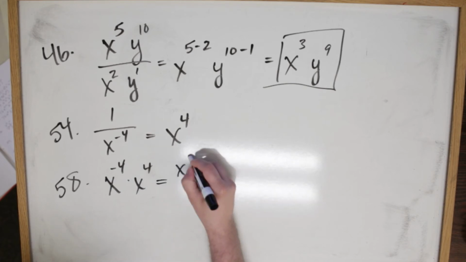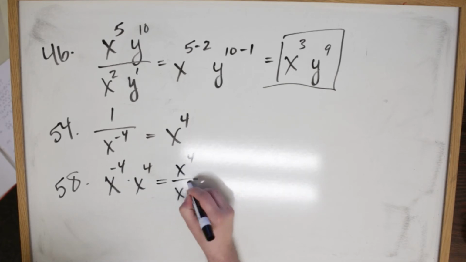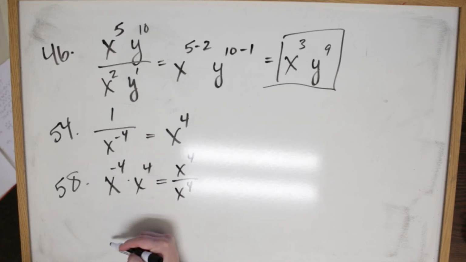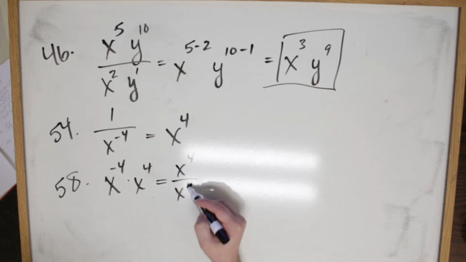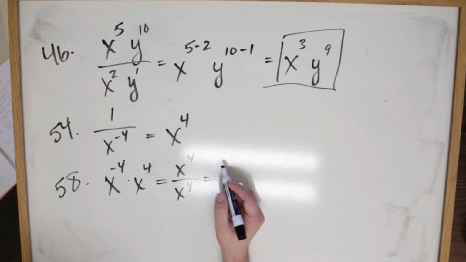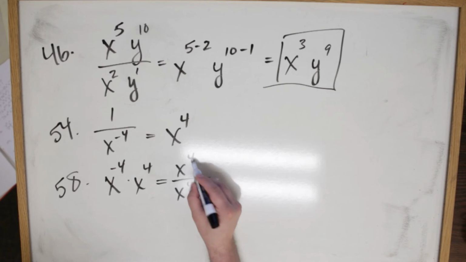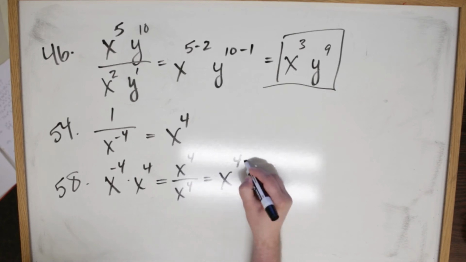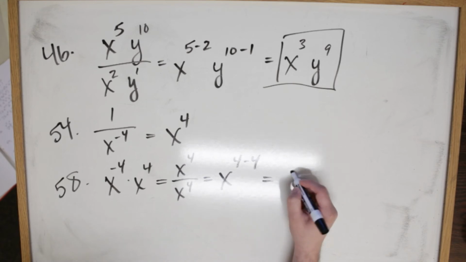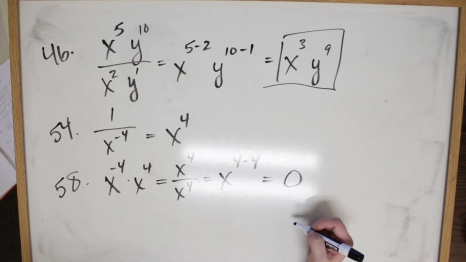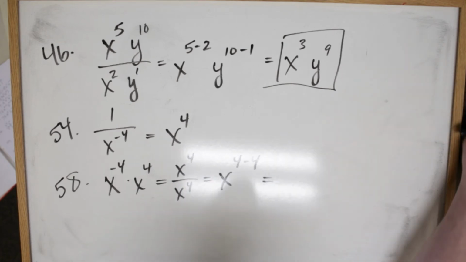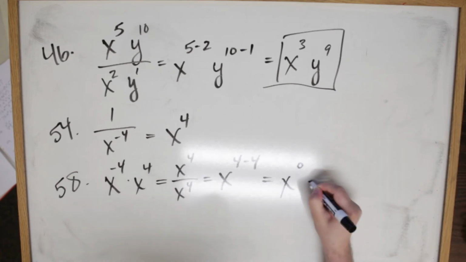If I have x to the 4th over x to the 4, because I'm taking this and bringing it down into the denominator and making it positive, then if I'm simplifying this, x to the 4 minus 4, which is equal to 0. Oh, sorry, it's equal to 1. Oh my gosh. x to the 0, which is equal to 1.